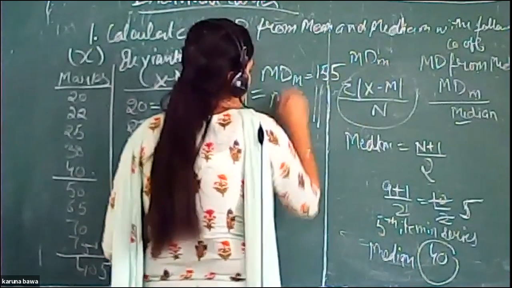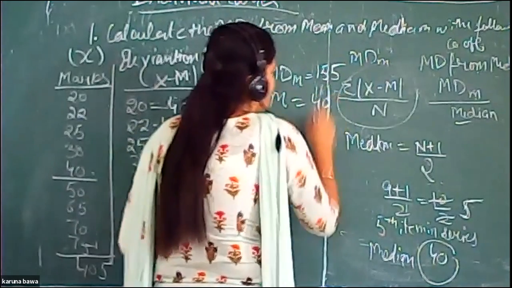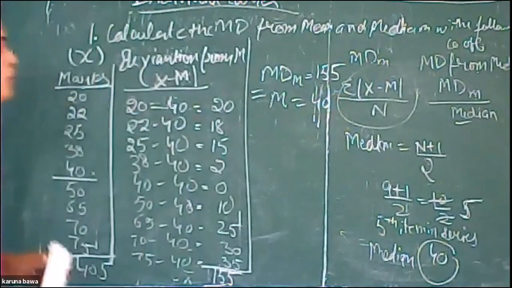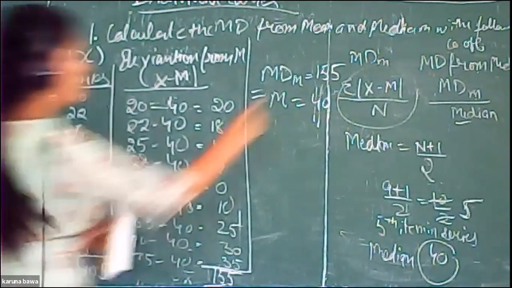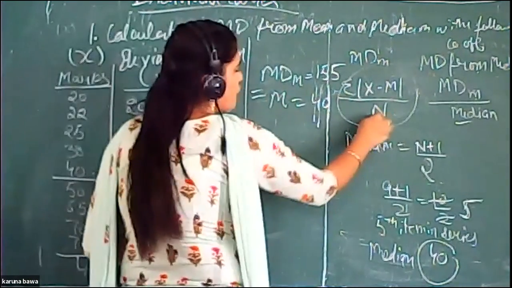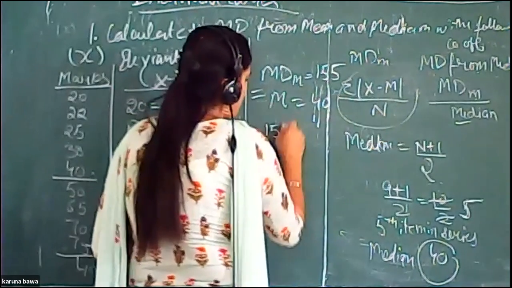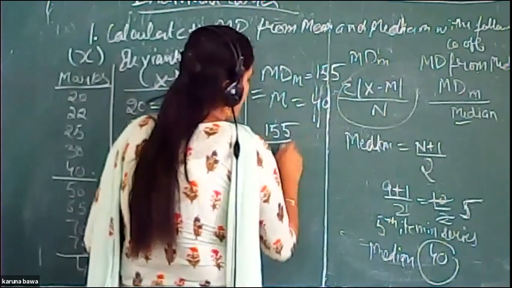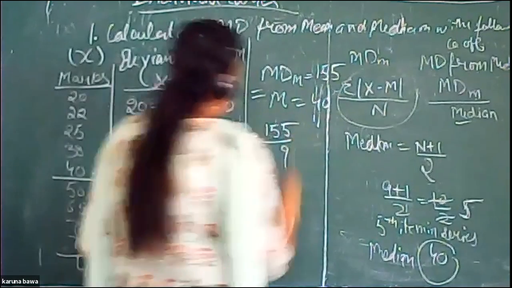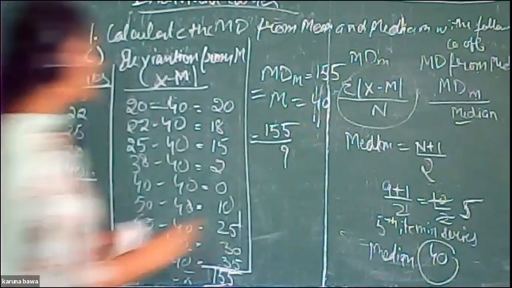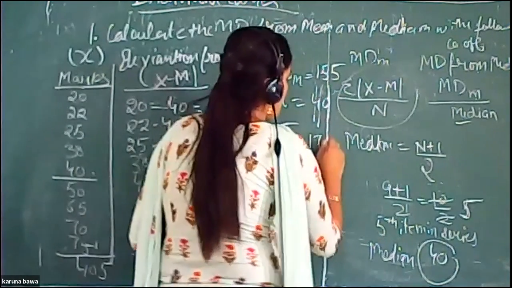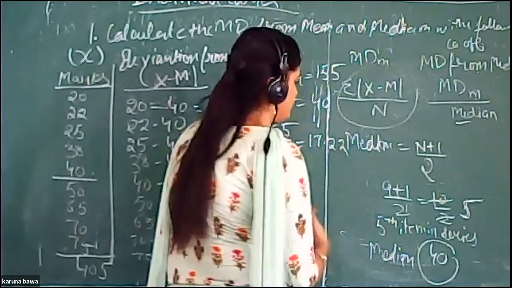First of all, we find out the value of median, and the 155 with this formula: 155 divided by 9. After dividing, we get 17.22.